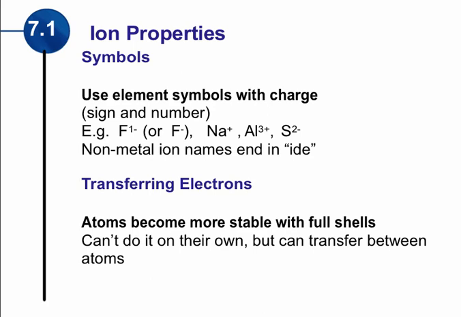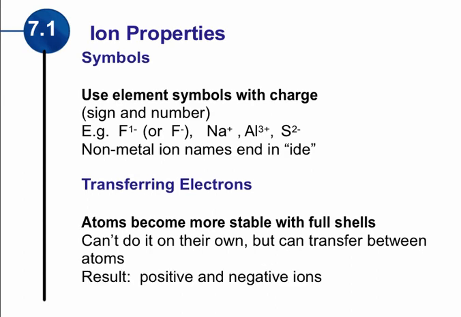It can't just throw an electron away, but it can transfer it to another atom. And this transferring of electrons results in both positive and negative ions. Losing or gaining electrons will give us positive or negative ions.